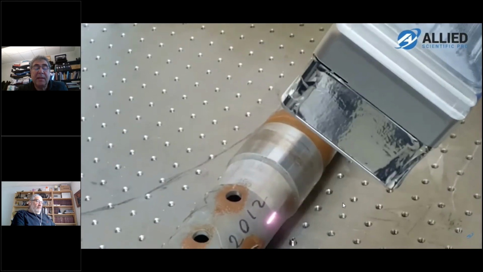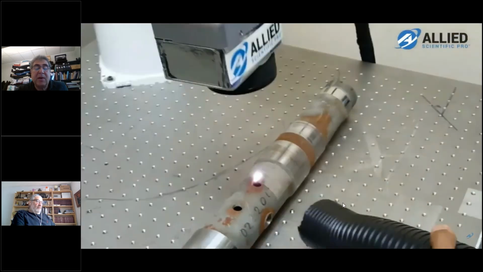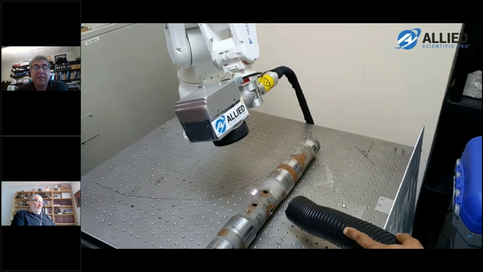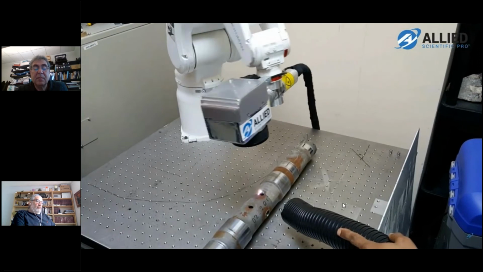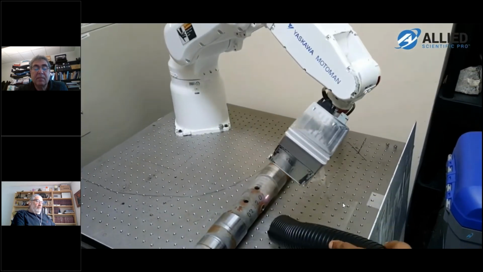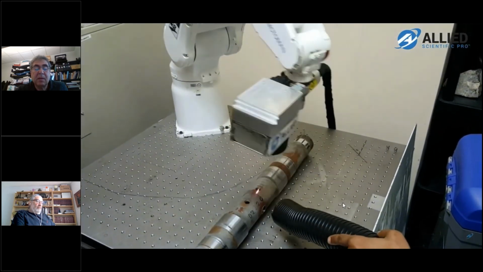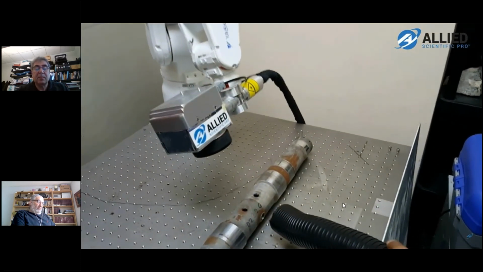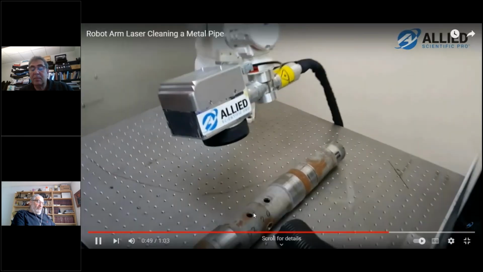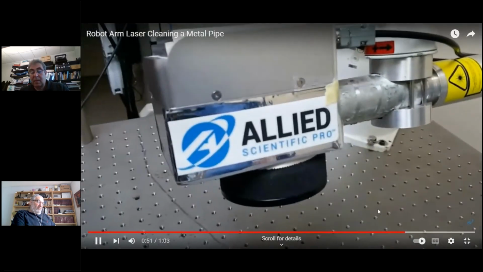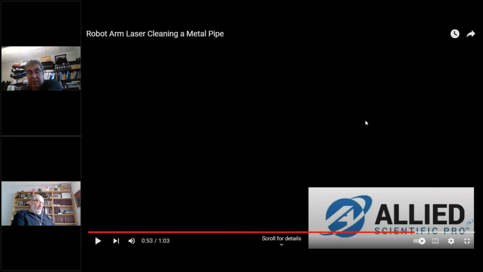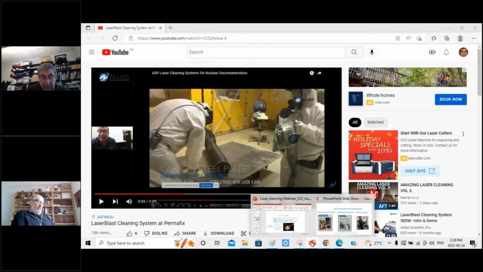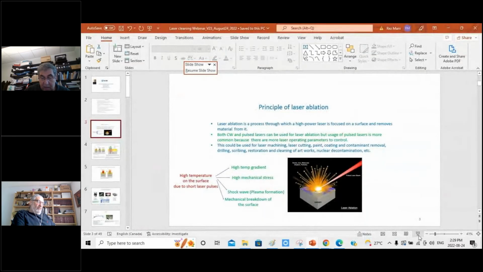And the robot is holding the 100-watt laser head, moving it around. Okay, so that was the robotic operation. Okay, next.